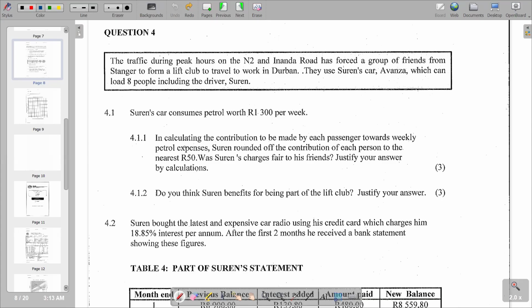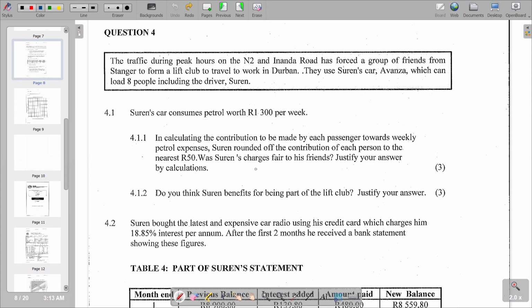Then 4.1.1 reads: in calculating the contribution to be made by each passenger towards weekly petrol expenses, Suren rounded off the contribution of each person to the nearest 50 rand. Was Suren's charge fair to his friends? Justify your answer by calculations.